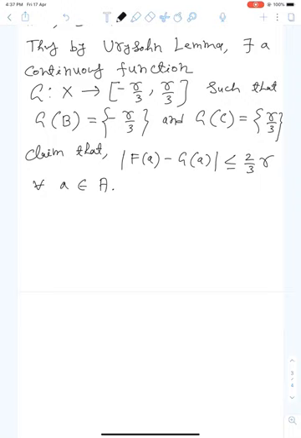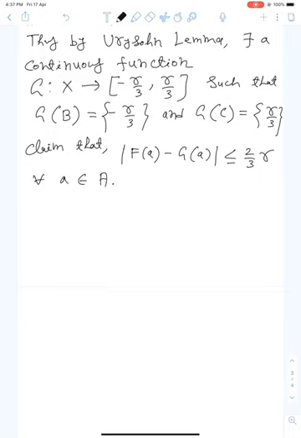Okay. Now this is actually a simple one. Why? Because if a belongs to A, that means we have three possibilities, right? So for any a belongs to A, we have three possibilities.